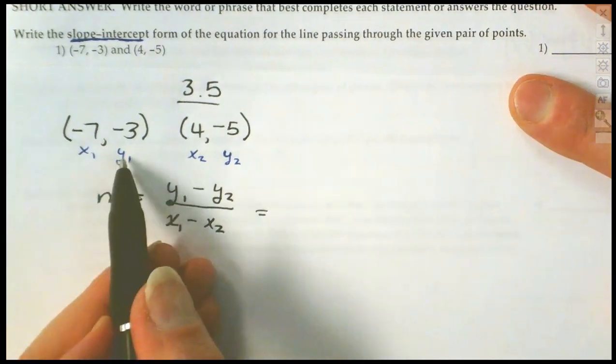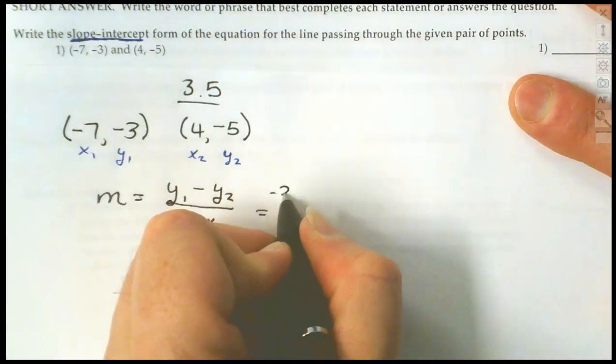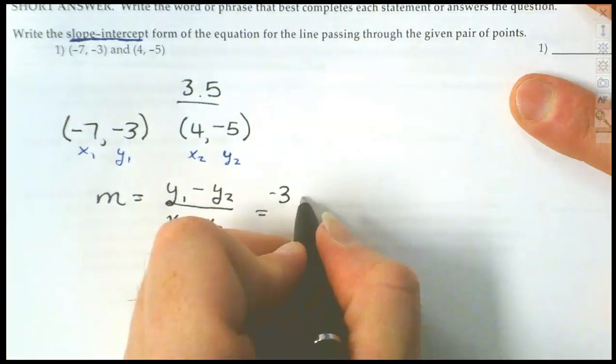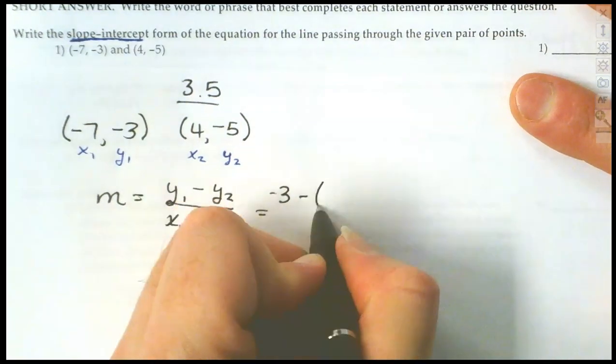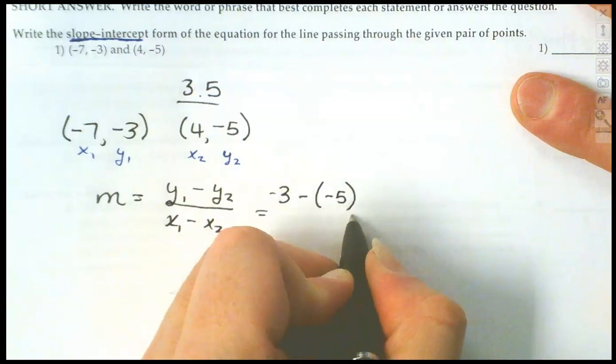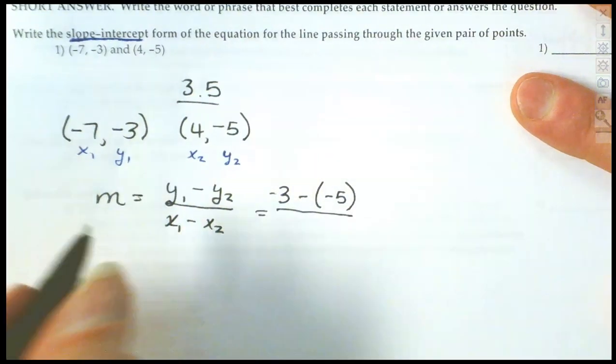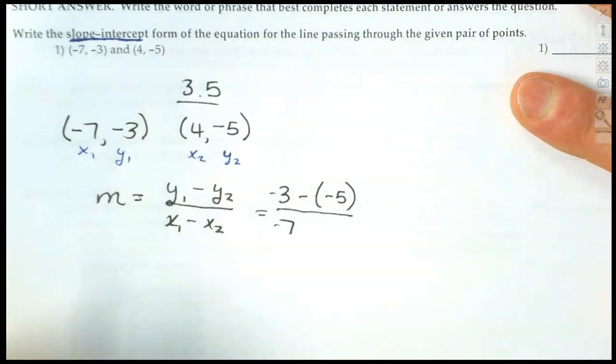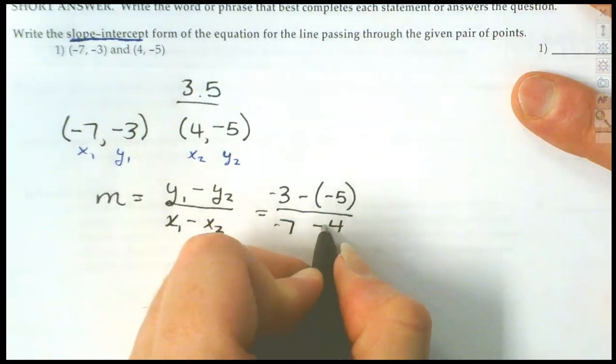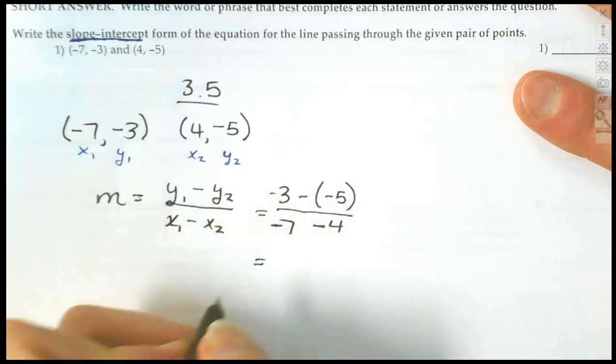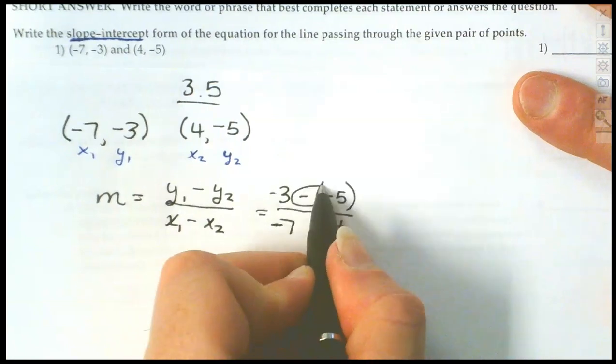So what do we have? We have y1, which is a minus 3, minus y2, which is a minus 5, over minus 7, minus 4. So let's see what we've got. We've got a double negative here.